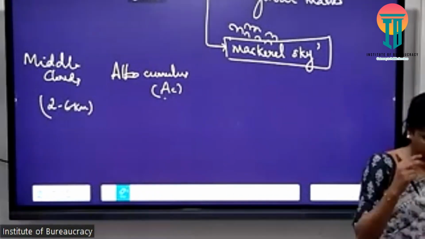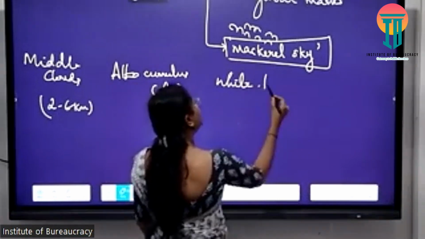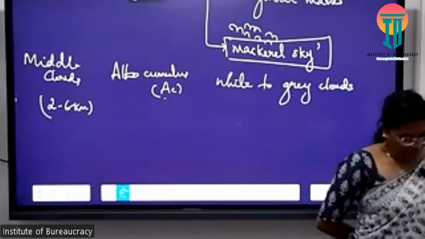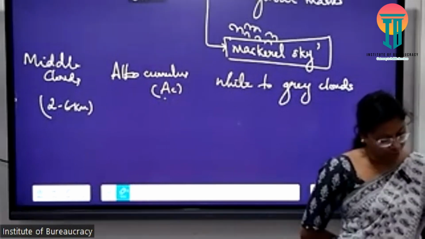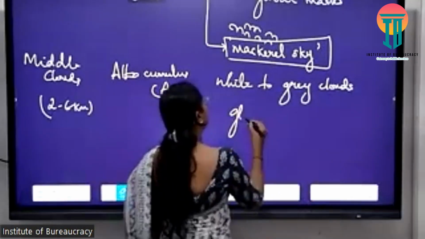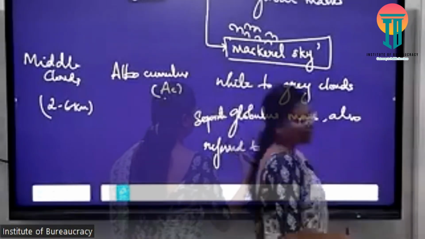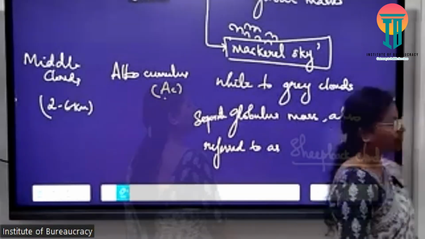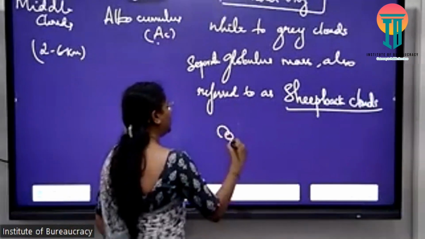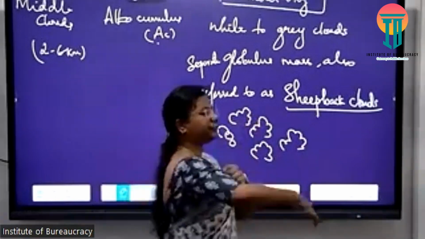Description: they are white to grey clouds, often made up of separate globules, also referred to as sheep back clouds or woolen cotton wool, like rolled cotton, separate globular masses. They can vary in color from white to gray.